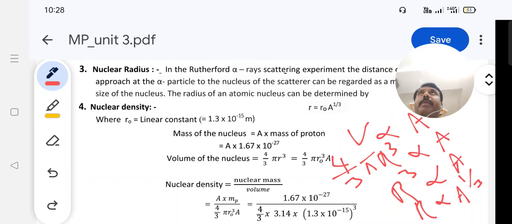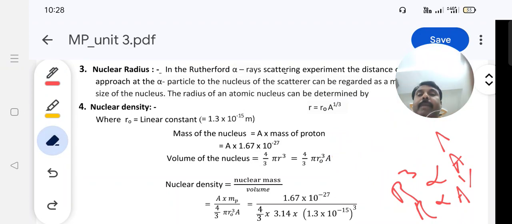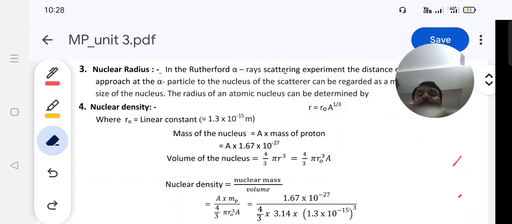If we remove the proportionality symbol, we get a proportionality constant, that is r naught. Hence r is given by r naught times A power 1/3.